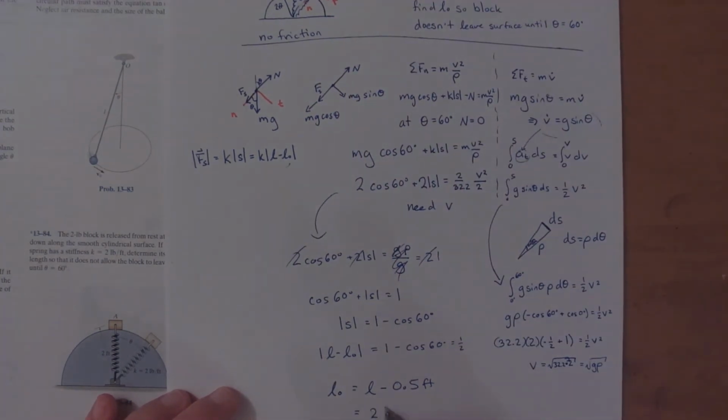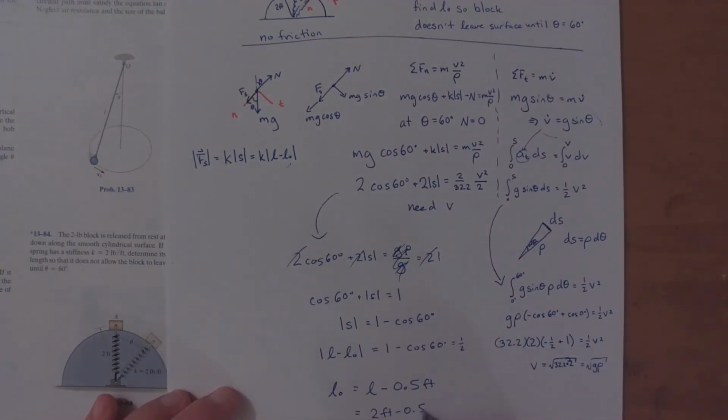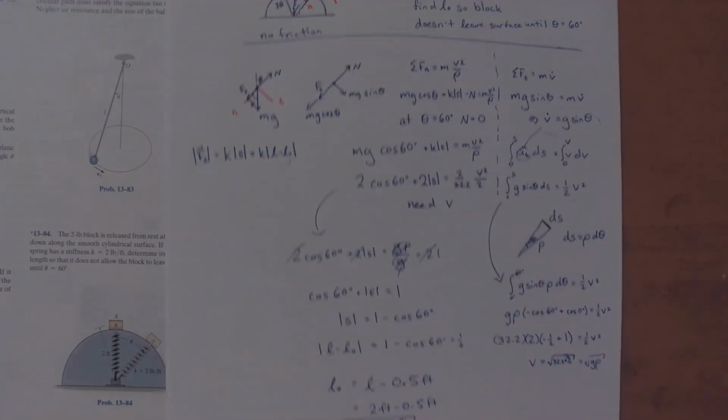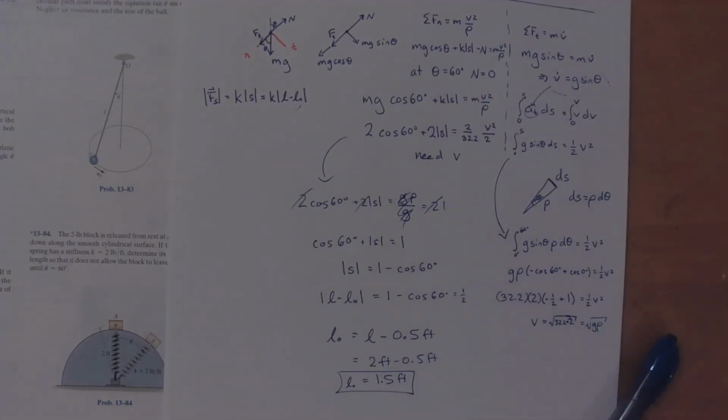So this is 2 feet minus 0.5 feet, so the unstretched length of the spring is 1.5 feet because the spring is stretched by half a foot to its current length of 2 feet. And that concludes problem 84.